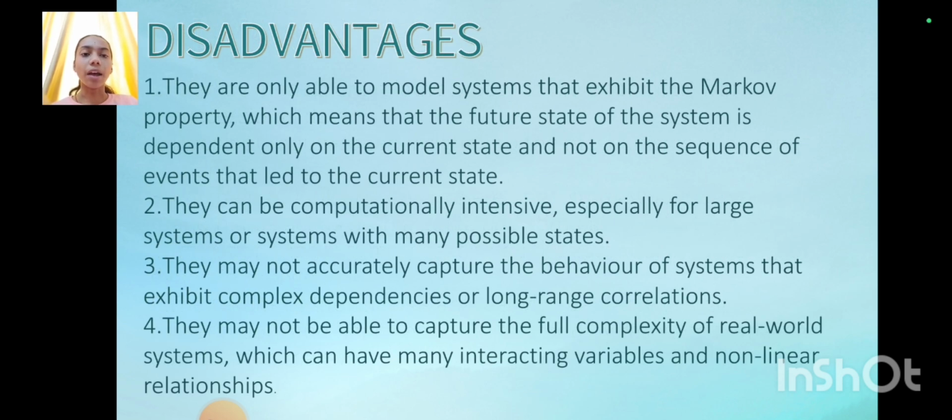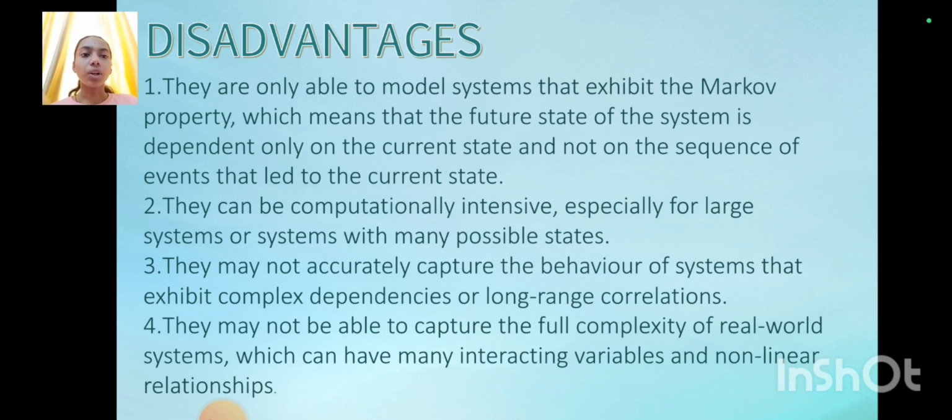Disadvantages: they are only able to model systems that exhibit the Markov property, which means that the future state of the system is dependent only on the current state and not on the sequence of the events that led to the current state. They can be computationally intensive, especially for large systems or systems with many possible states.